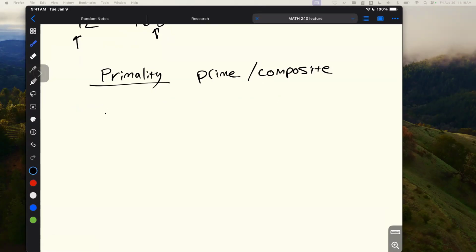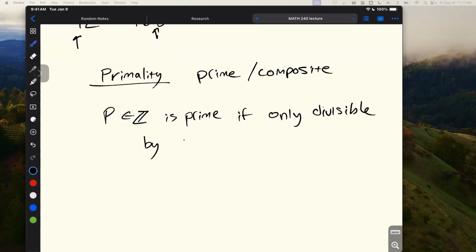So officially, we say, let's say some number p, again, we're going to assume it's an integer, is prime if it's only divisible by, the book has plus or minus 1 and itself. They also have plus or minus p, which, sure, I guess. That's just a -1.